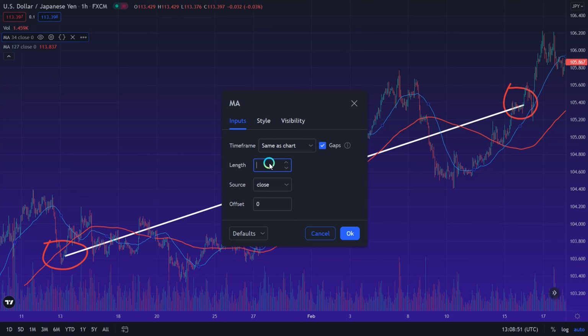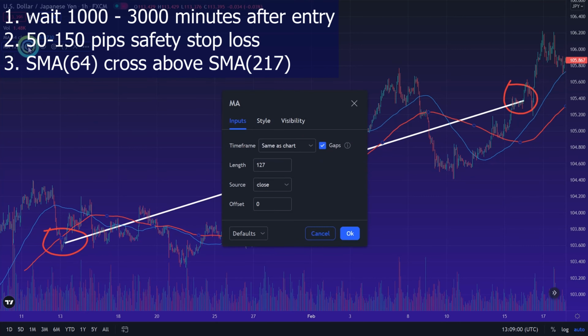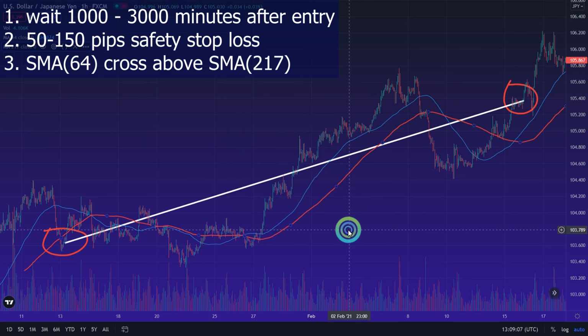So our first condition is a 64 period simple moving average, and the second parameter is a 217 period simple moving average.